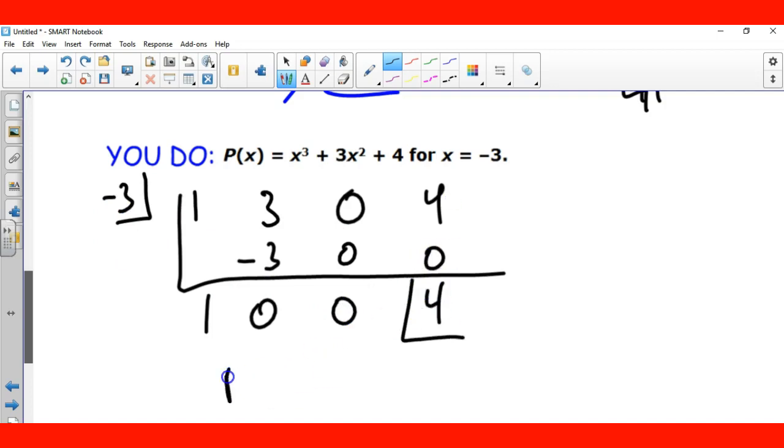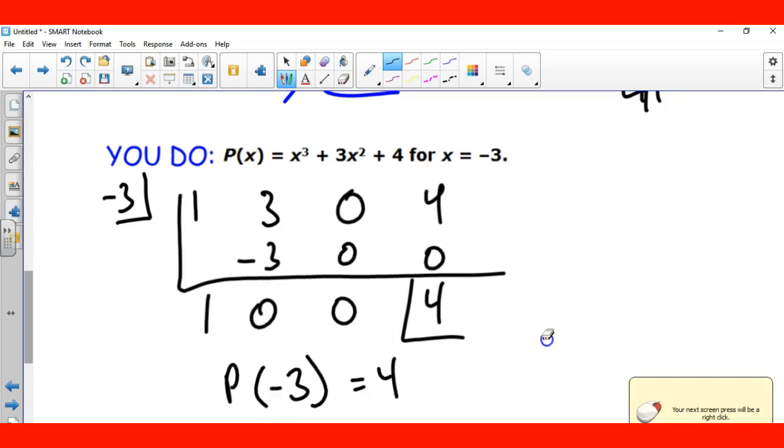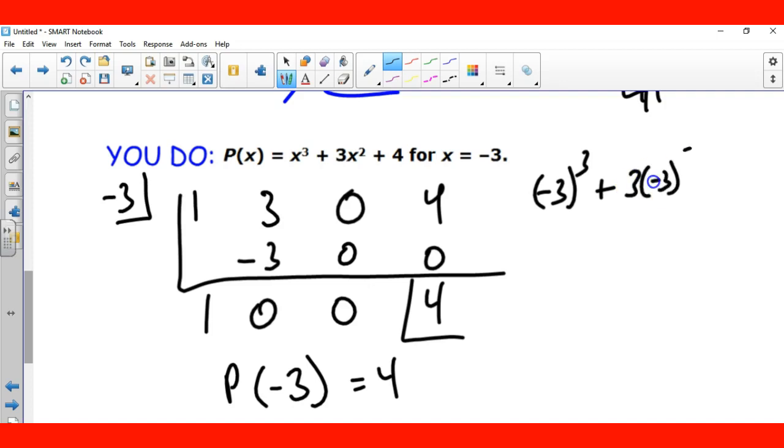So there's your remainder, P of -3 equals 4. Again, if you want to check, you can go -3 cubed plus 3 times -3 squared plus 4.